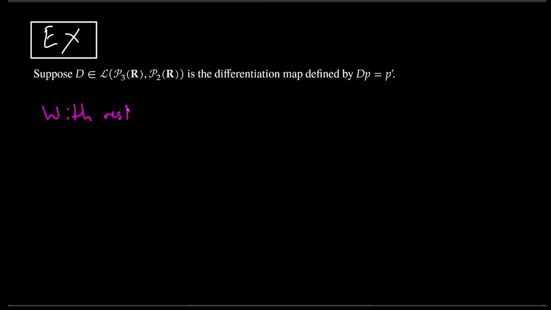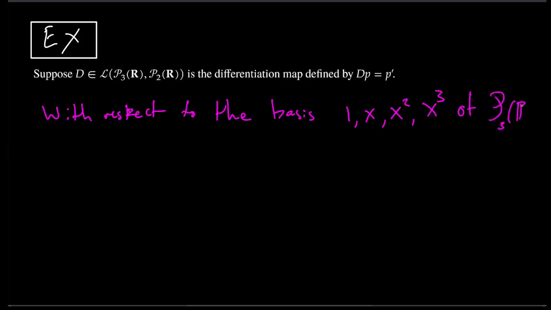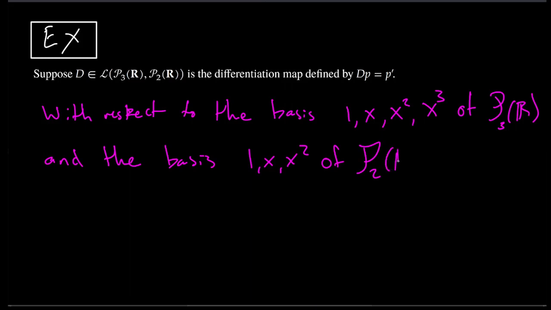With respect to the basis 1, x, x squared, x cubed of P3(R), and the basis 1, x, x squared of P2(R), we have, okay, see if you can do it yourself real quick. Pause the video if you've got to.